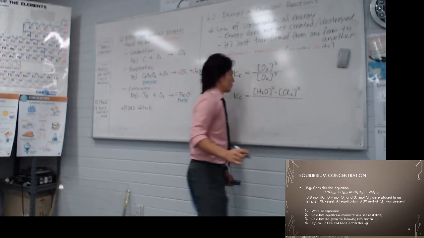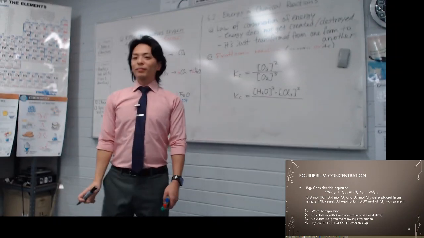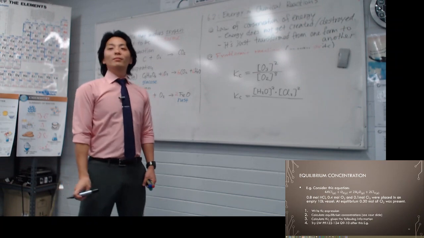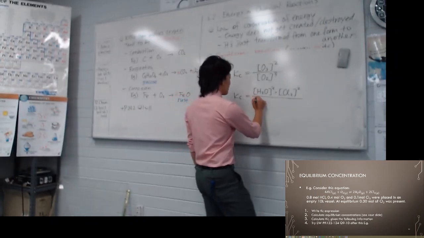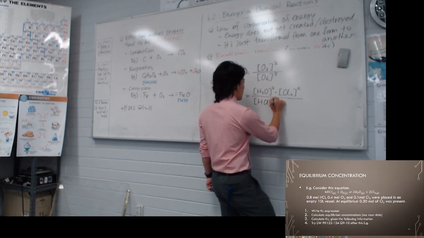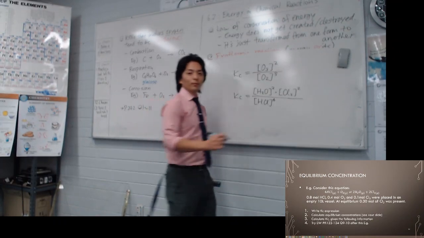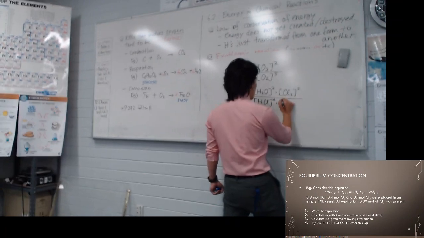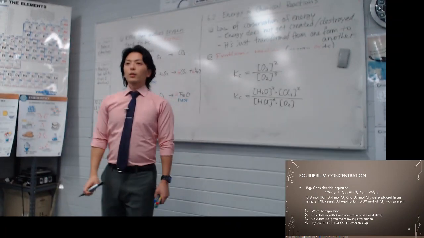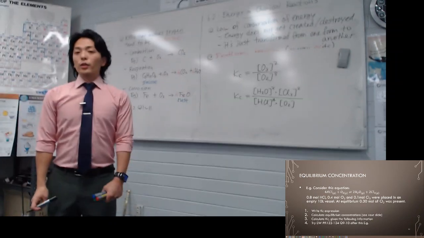Can someone else do the reactant part? Concentration of HCl and exponent of 4. Yep. Any exponent on the other one? Nah, just 1. So that's the Kc expression.